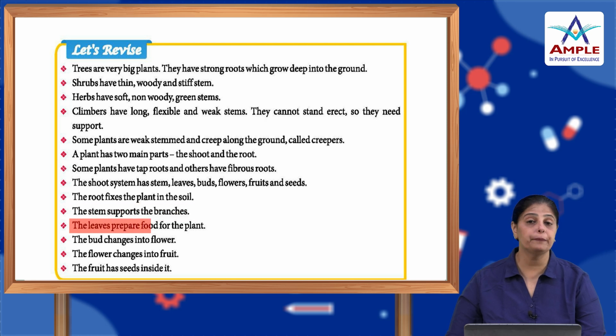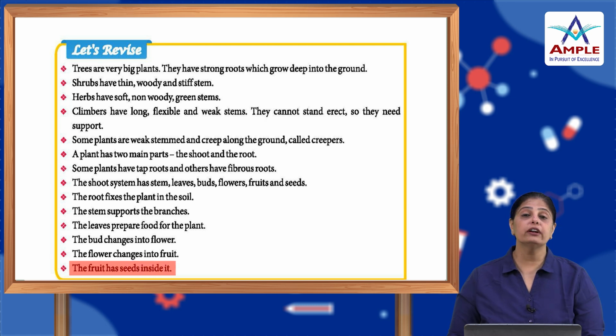The leaves prepare food for the plant. The bud changes into a flower and then the flower changes into a fruit. The fruit has seeds inside it. Now, not every flower changes into a fruit, it depends on the type of tree it is, alright.